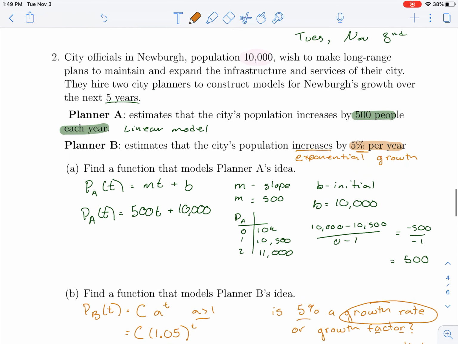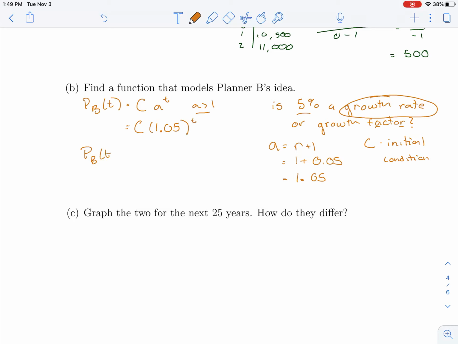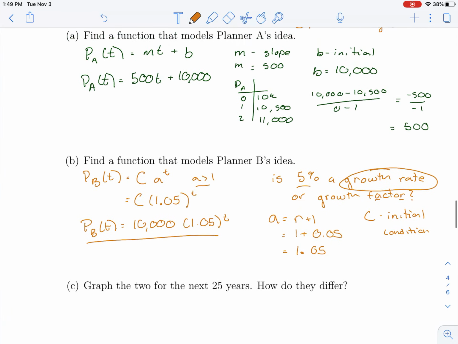It's 10,000. So P_B of T equals 10,000 times 1.05 to the T. So those are our two models. We love them. They're gorgeous. They're the best.